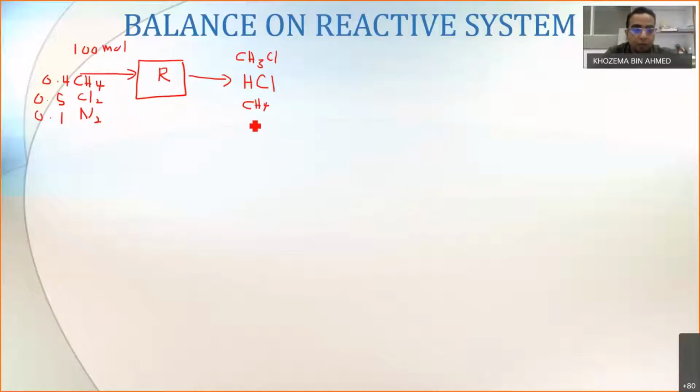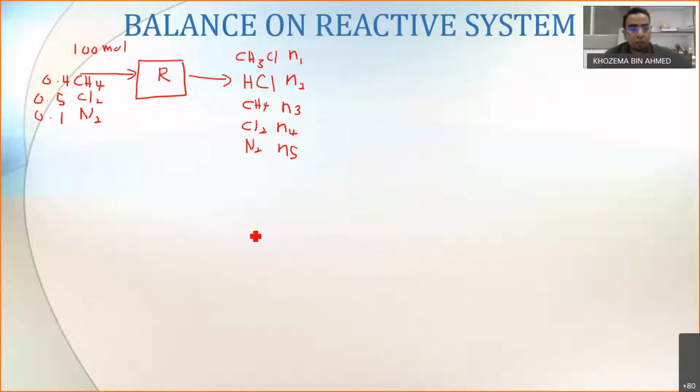I have unreacted chlorine gas, and of course I will have nitrogen here, because nitrogen is an inert gas. Since I don't know anything here, I can just label them N1, N2, N3, N4, and N5. Here I'm using the symbol N because all of this is in mole.